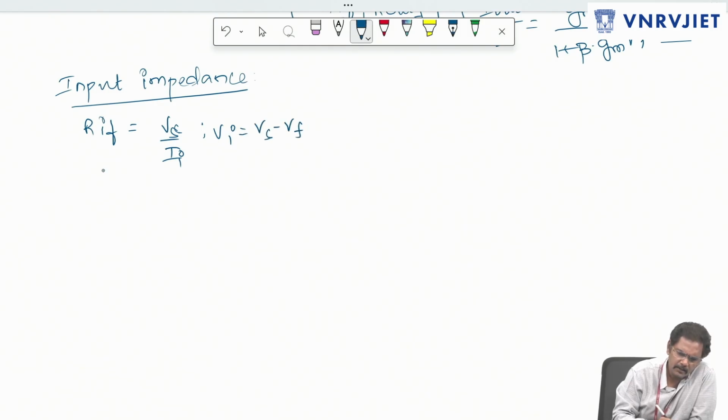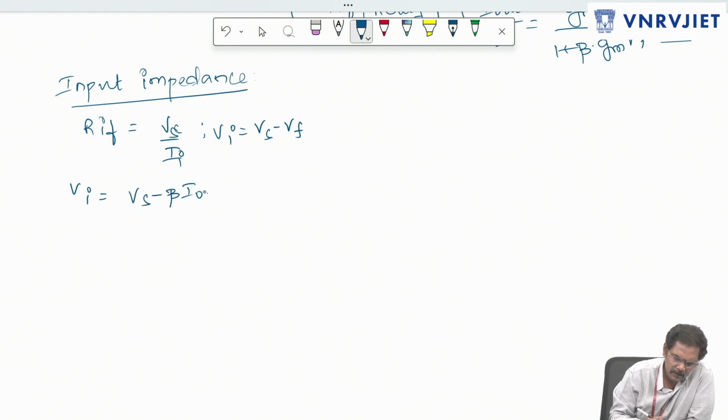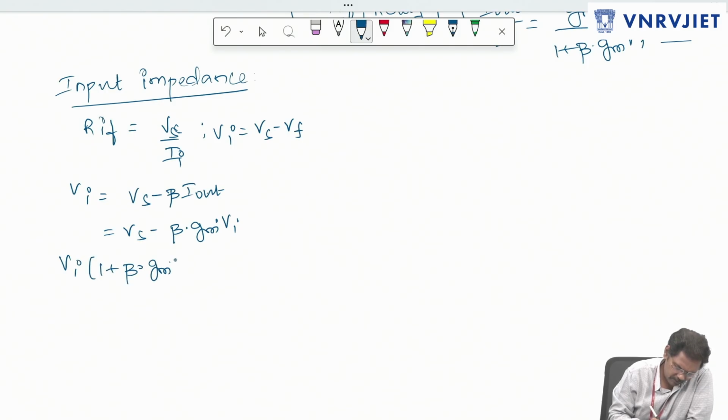Vi is equal to Vs minus, instead of Vf, beta times I out. Instead of I out, I'll write Gm times Vi. Now let us group the Vi terms together. So Vs is equal to 1 plus beta Gm times Vi.